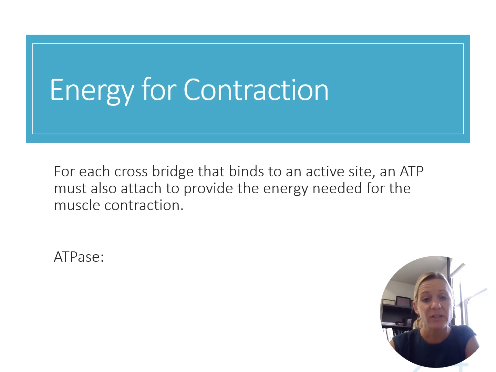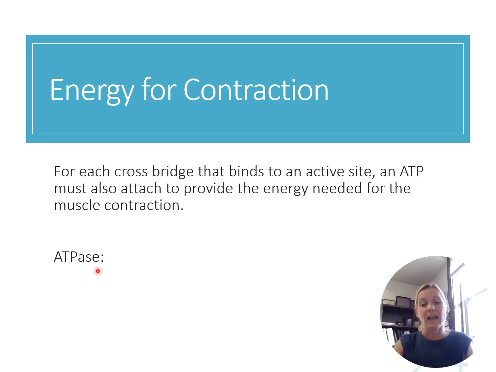Okay, in order for this to happen, we have to have energy. We're going to use ATP in order for this whole cross bridge formation to occur. And interestingly, there are different enzymes, different ATPases, that determine how fast this can occur. If I had a fast ATPase, that would allow me to quickly have that muscle contraction occurring.